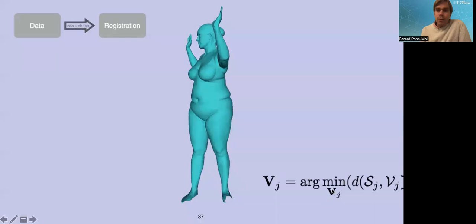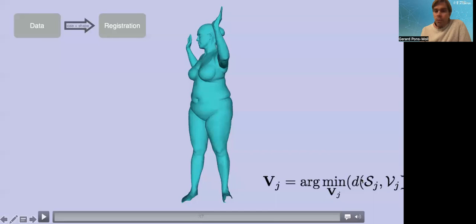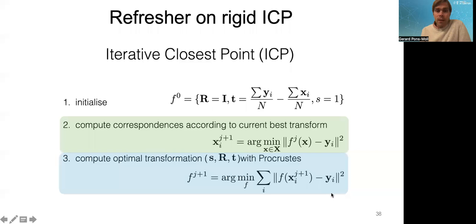So, all right, if we could just optimize the vertices directly, that would be great, but things are not so ideal. So we need to basically do non-rigid ICP.